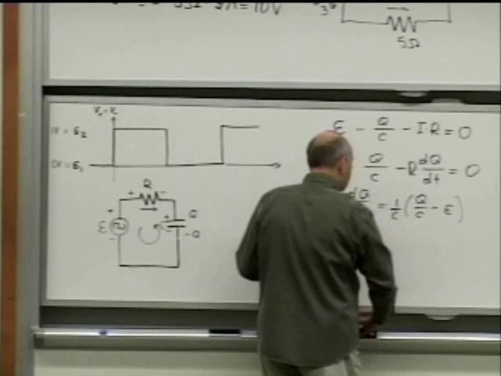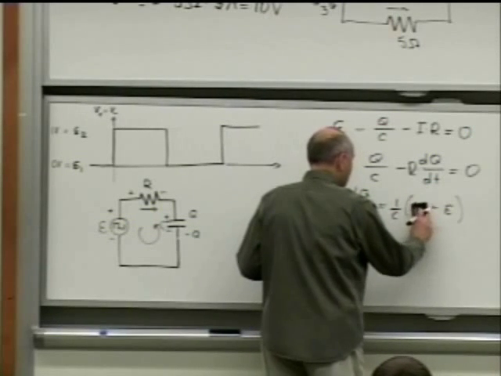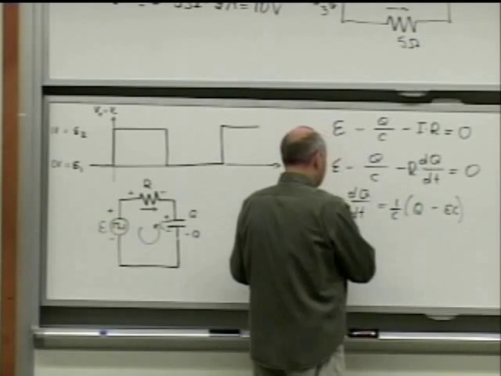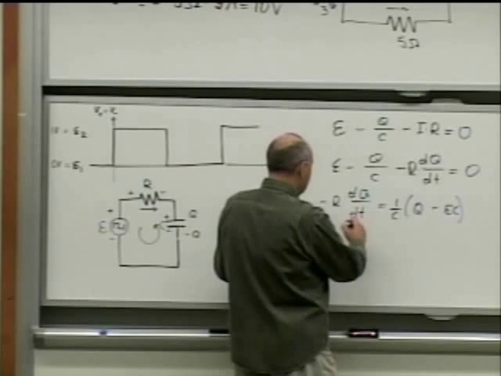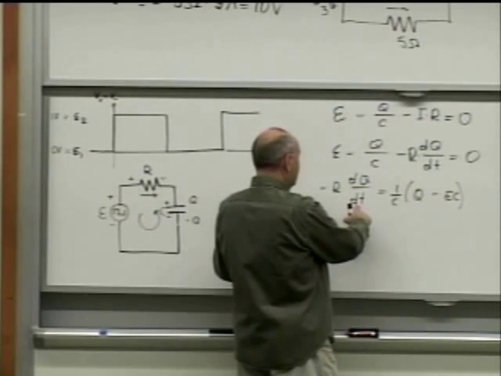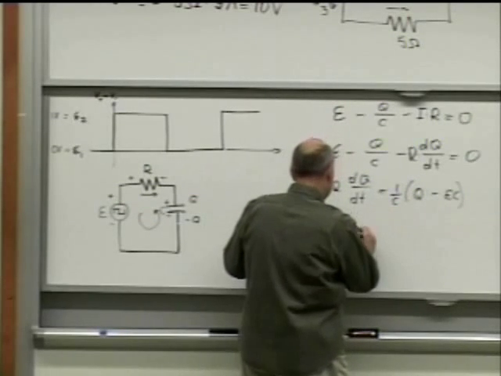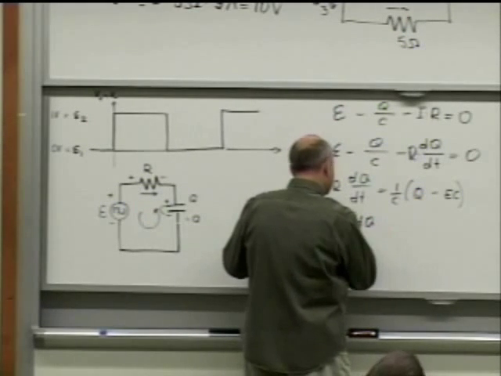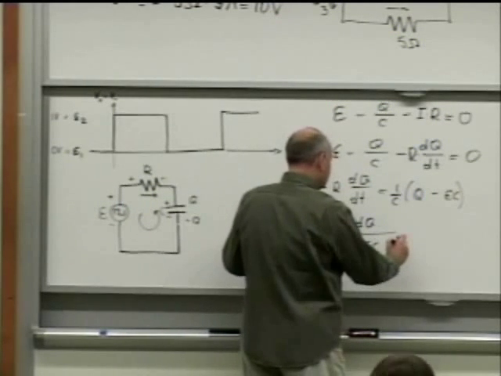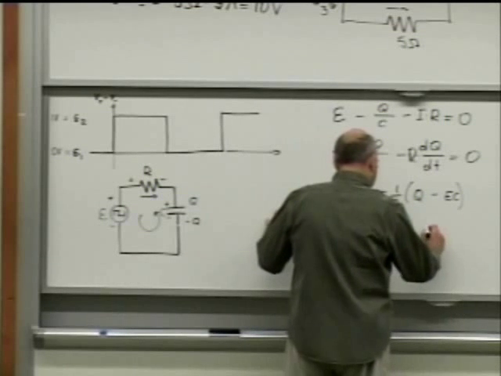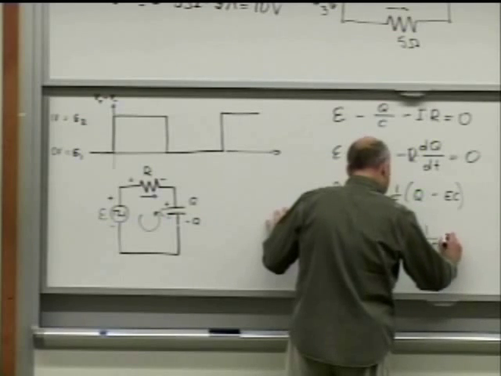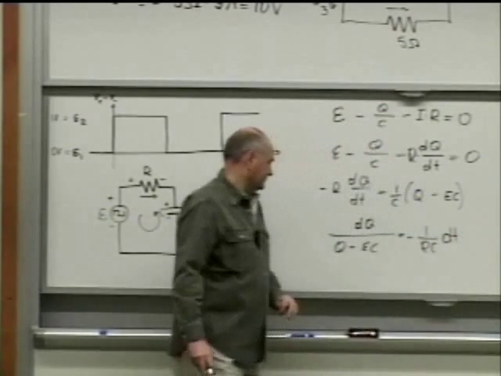I will take 1 over C in front, and then I will have q minus epsilon C. And now I will divide both sides by minus R, multiply by dt, and divide by this expression. So I can write down that dq over q minus epsilon C is equal to minus 1 over RC dt.